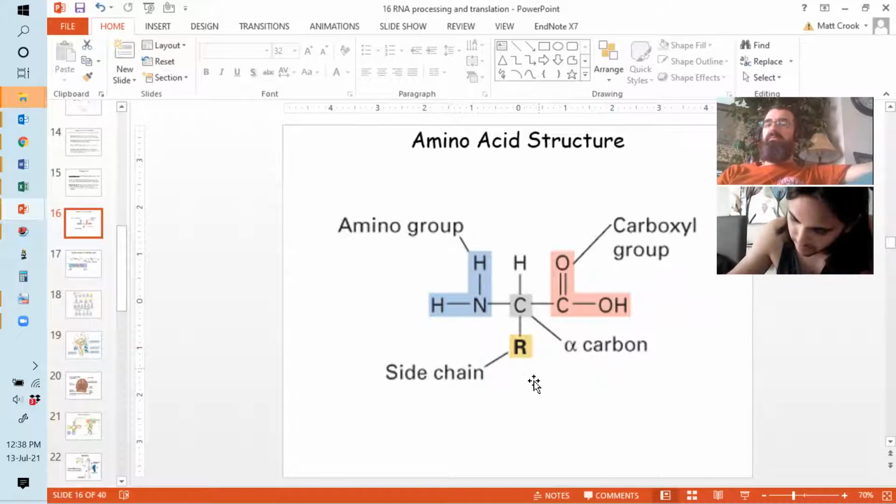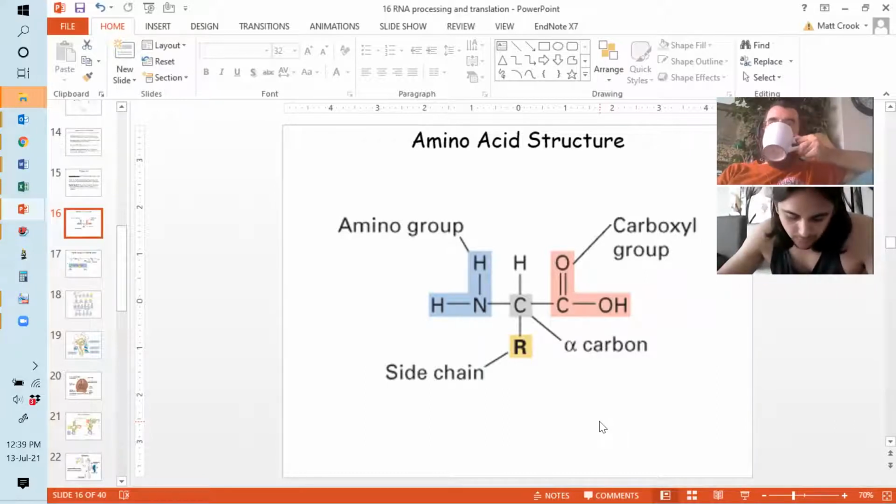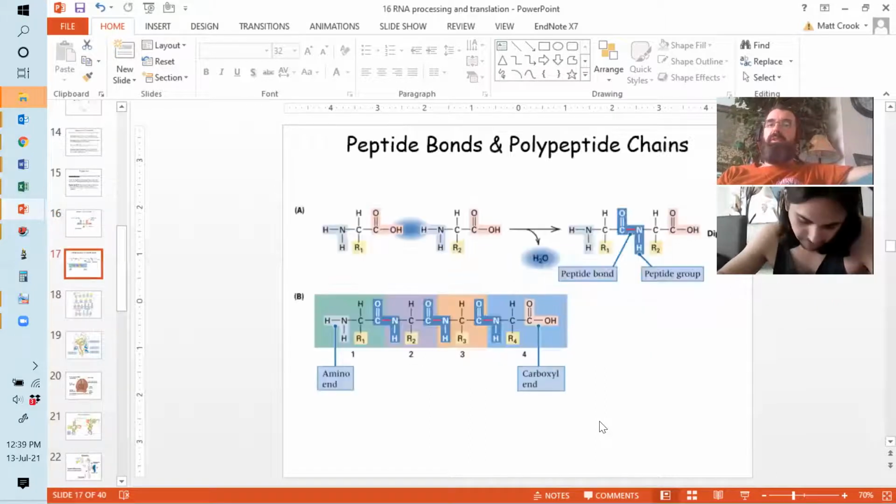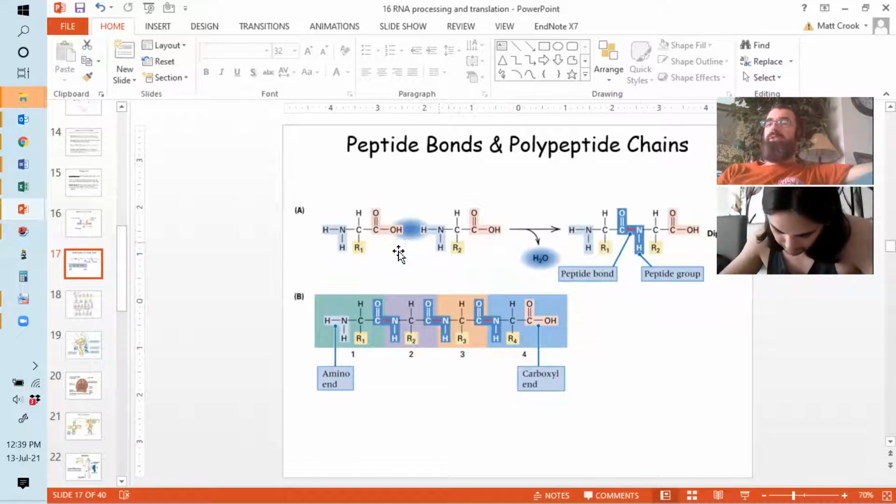It's the side chain, represented by R, that differs. That actually gives those amino acids their properties. So again, to make a polypeptide, you've got to join those carboxyl groups with an amino group. And this is what gives protein directionality.